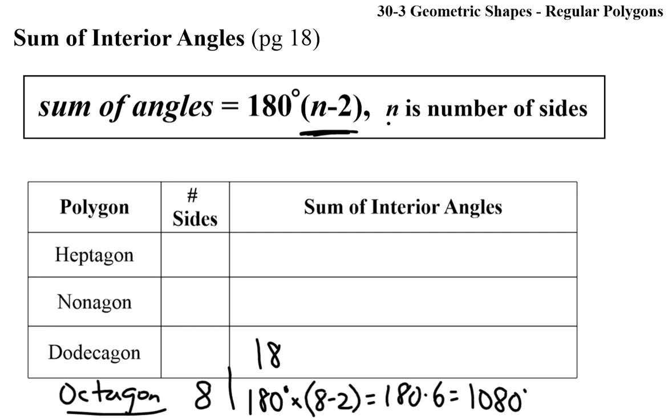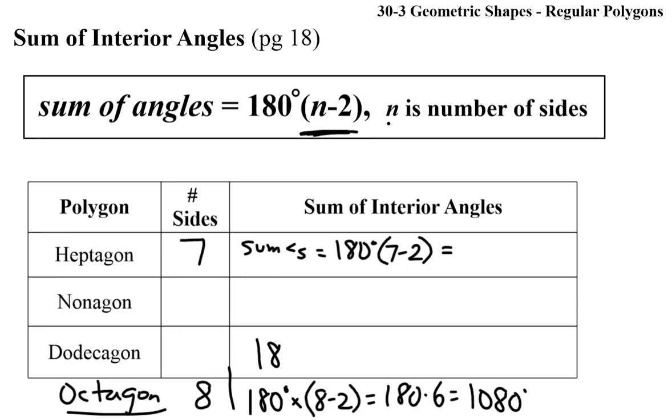So that formula works. A heptagon has 7 sides. So a heptagon, what's the sum of all the angles in a heptagon? Well, the sum of the angles will equal 180 degrees times 7 sides, but take away 2 because it would make 5 triangles.